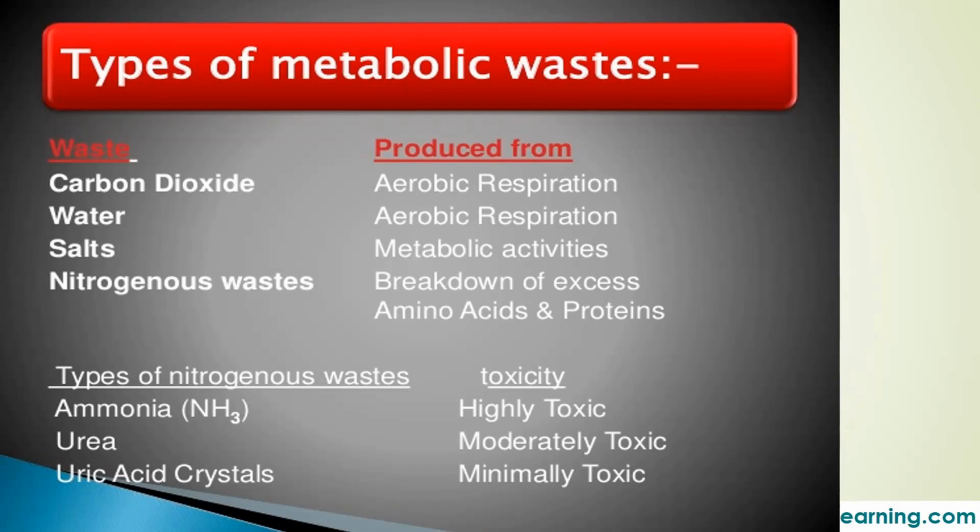Urea is moderately toxic. The next one is uric acid crystals. Especially the bird's excreta will be in the form of uric acid crystals. It needs very, very little water. So it is minimally toxic. It is not so poisonous.